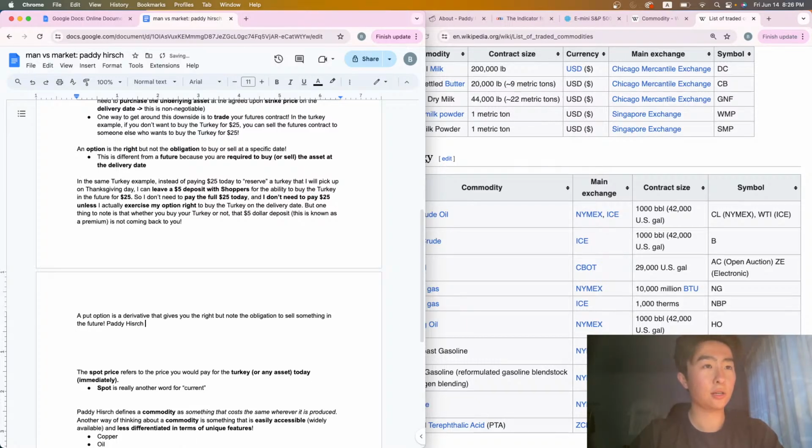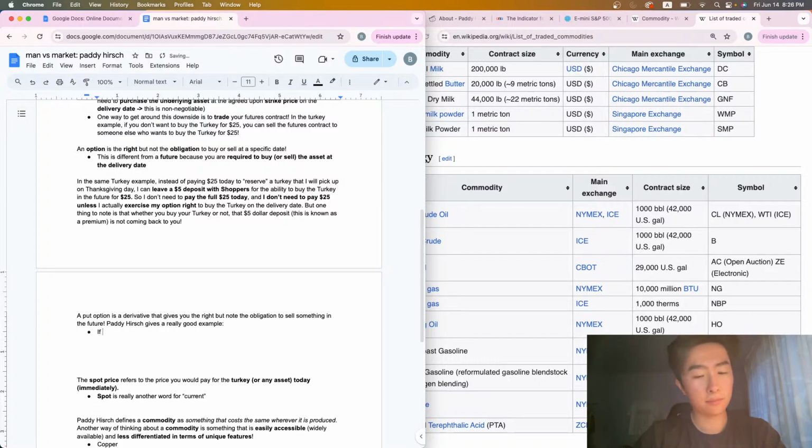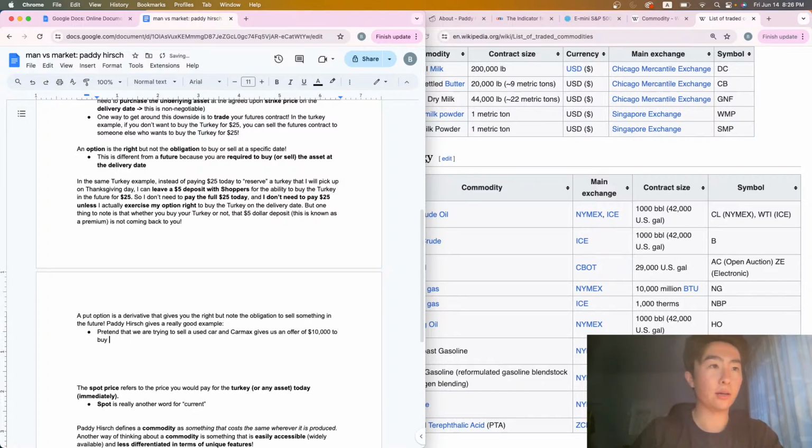Paddy Hirsch, messing up his name, Hirsch gives a really good example. Pretend that we are trying to sell a used car, and CarMax gives us an offer of $10,000 to buy our car.